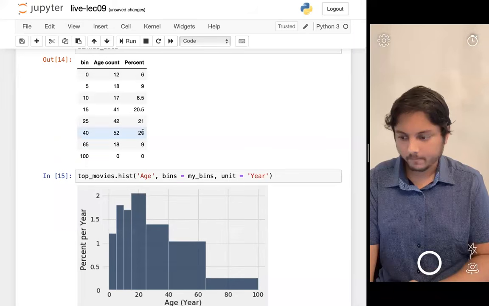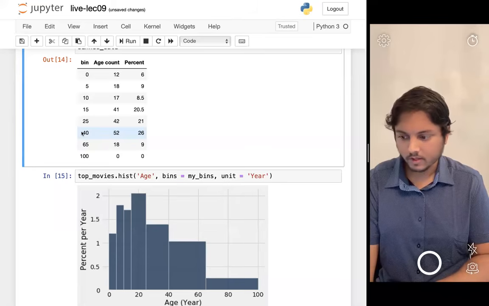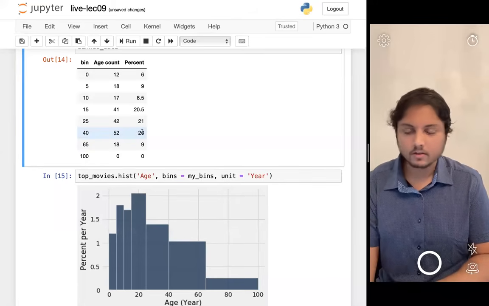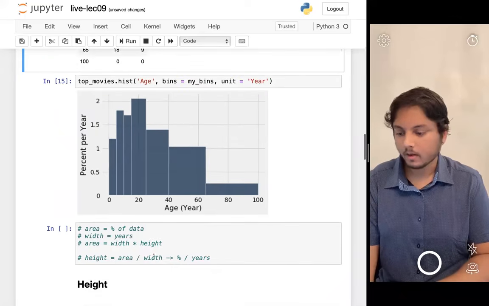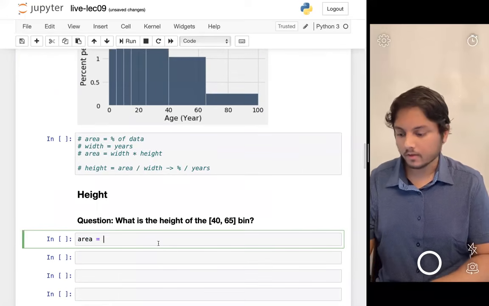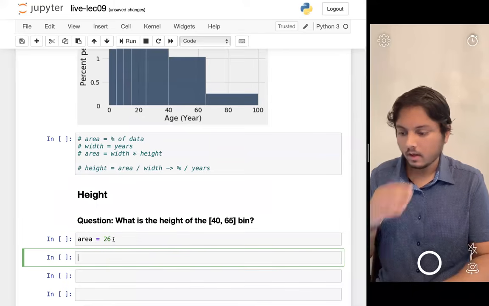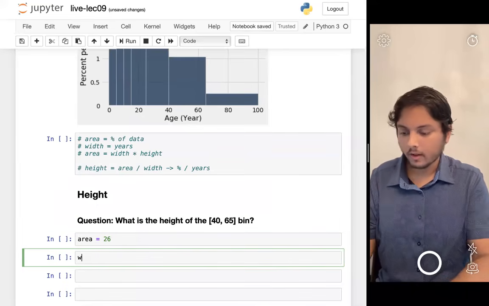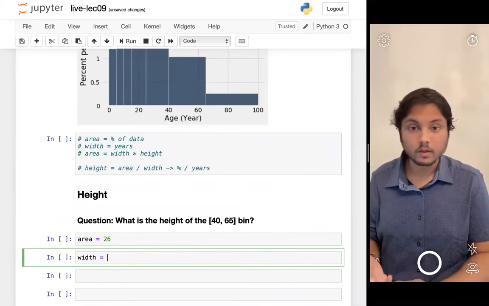Cool, yeah, so 26%. The 40 to 65 bin is represented with this row here, and the percent of data that's in there is 26%. So we know that the area of this bin is going to be 26. And then what's the width of this bin?